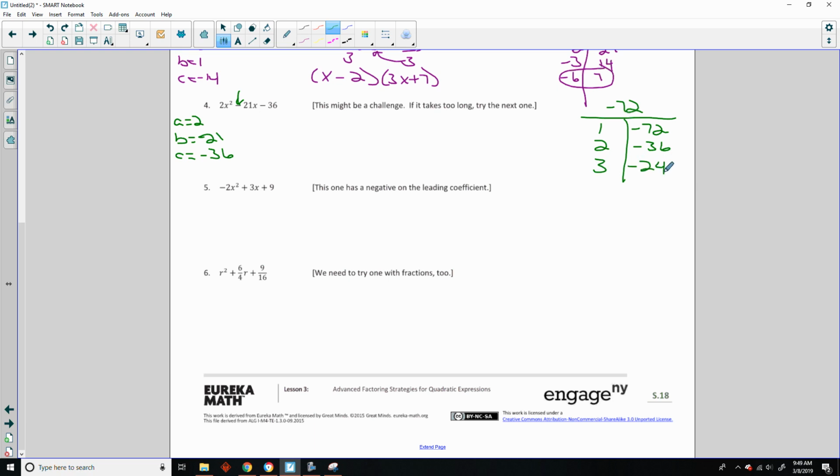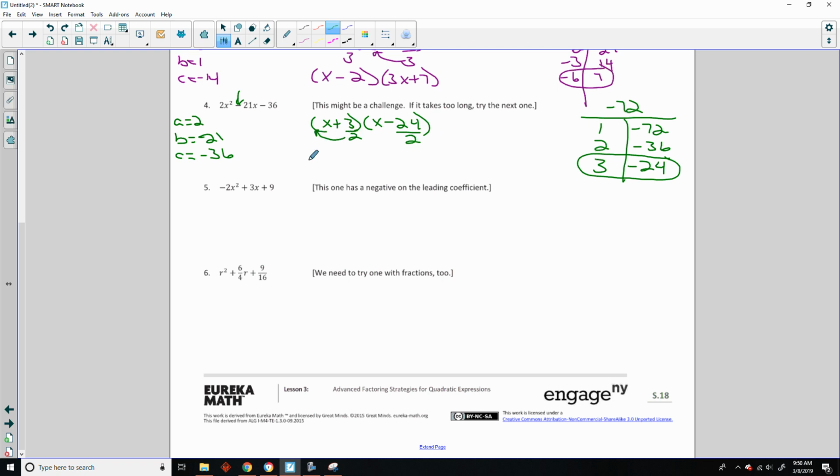There's my sum of negative 21. So it's going to be x plus 3 times x minus 24. All right, I multiplied by a, so I have to get rid of it. 3 will not divide by 2.